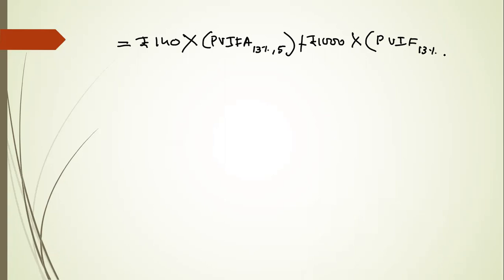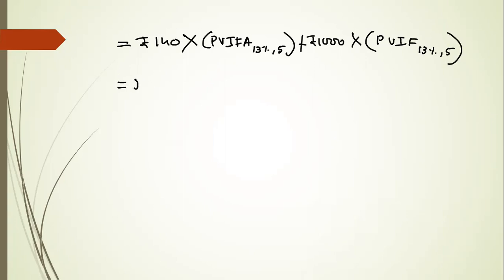So present value interest factor annuity, that is 13% for 5 years, plus rupees 1000 into present value interest factor, again that is 13% for 5 years.